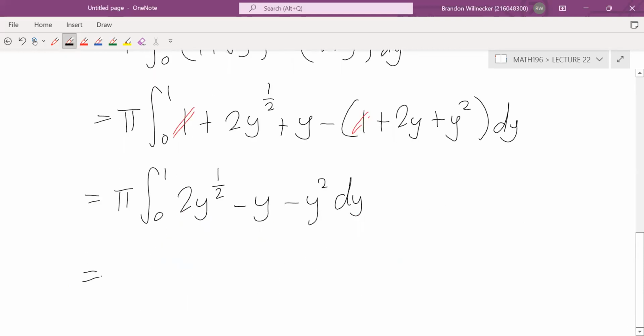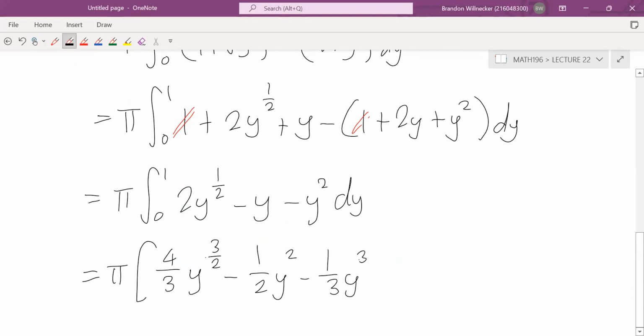Okay, this is easy enough to integrate. This is going to be 2 times, remember, we add 1 to the exponent to make it 3 over 2. Divide by that, multiply by 2 over 3, but we've got this extra 2. So that's going to be 4 over 3 y to the 3 over 2, minus 1/2 y squared, minus 1/3 y cubed, from 0 to 1.